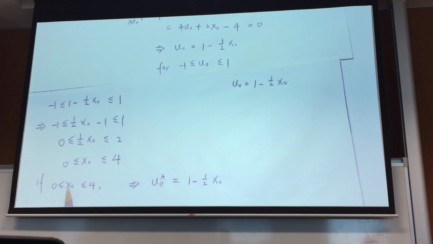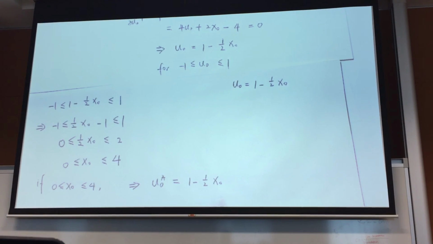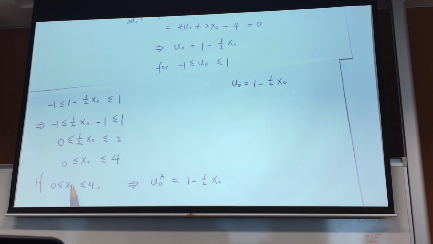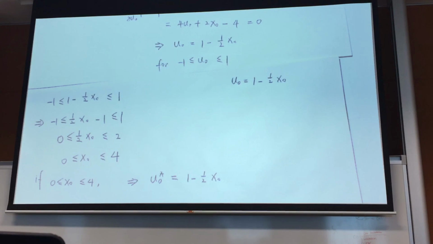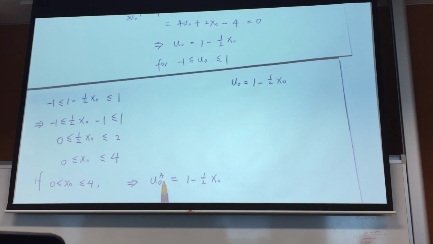If your initial position satisfies this condition, the optimal control will be given by this equation. So the optimal control depends on your initial state. More generally, the optimal policy in the current state will depend on your current state. In the general case, if we have xk here, then uk star will depend on the state xk.